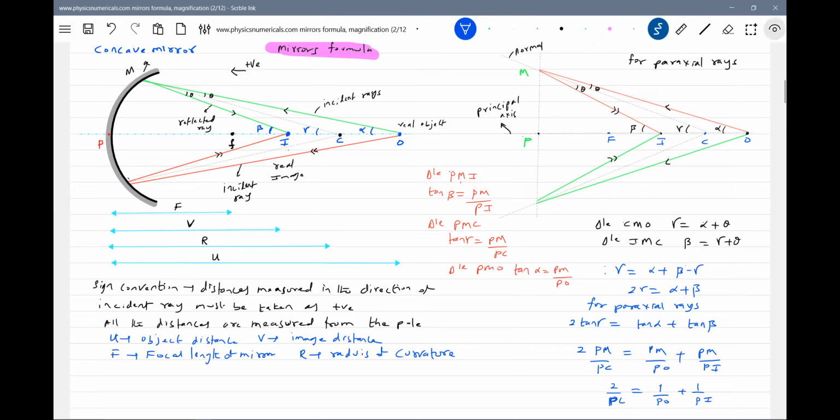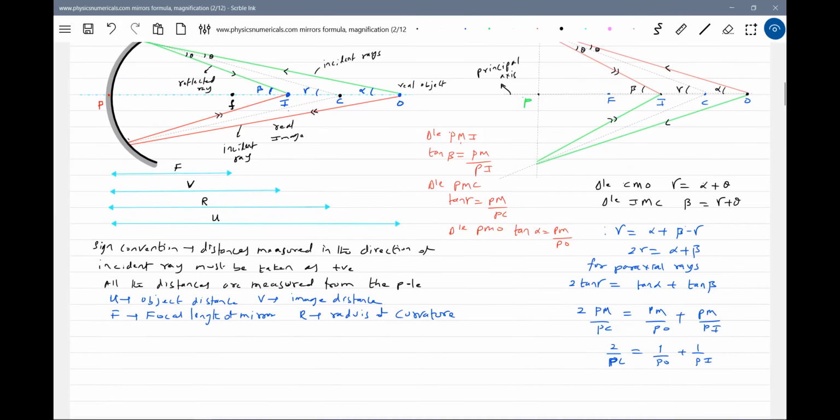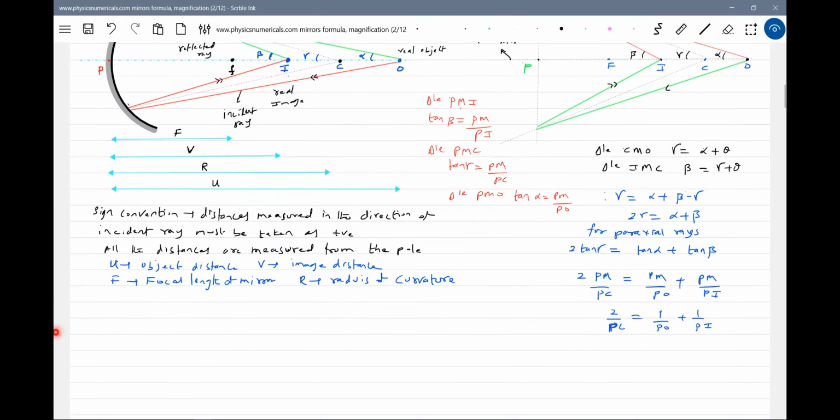Now what does the convention say? The distances measured in the direction of the incident ray should be positive. But I'm going to measure opposite to the incident ray. So therefore, what is PC? PC should be equal to minus R. PO is equal to minus U, PI is minus V. What is F equal to?